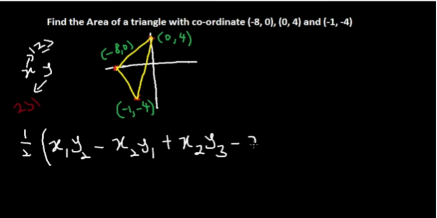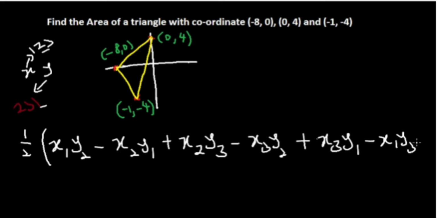Interchange it by minusing, we have y3, then plus x3, y1, because we have 1 as the end here. Then you can interchange it again, x1, y3. So this is the formula that we need. It's kind of long, but just know that your x is 1, 2, 3 and your y is 2, 3, 1. You'll be good to go by doing that.